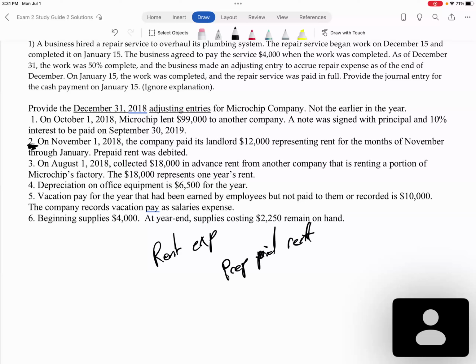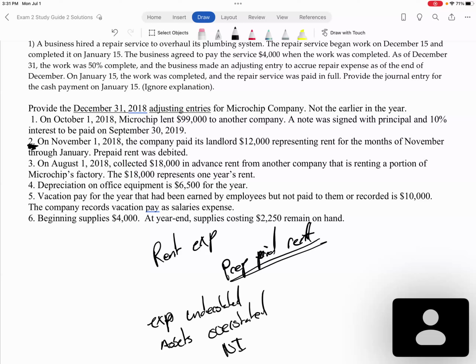So expenses would be understated. There's an asset account here, so assets would be overstated. Okay. Net income would be overstated, because we didn't record an expense. So that's the idea there.